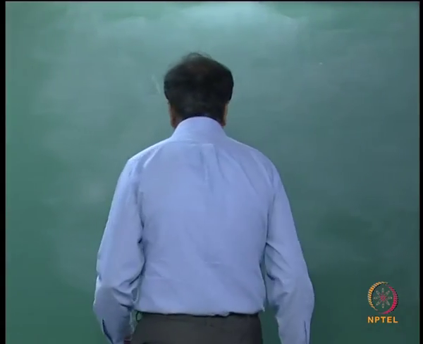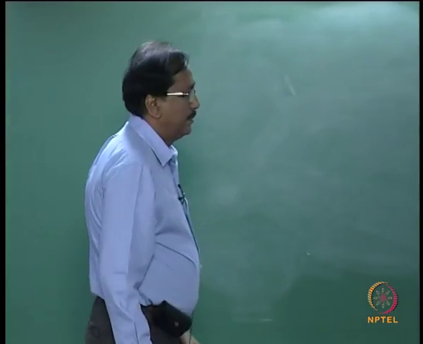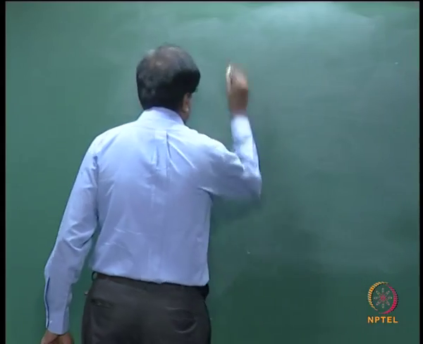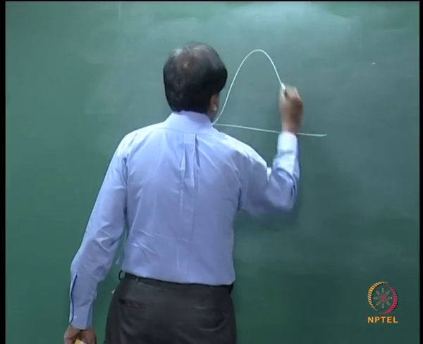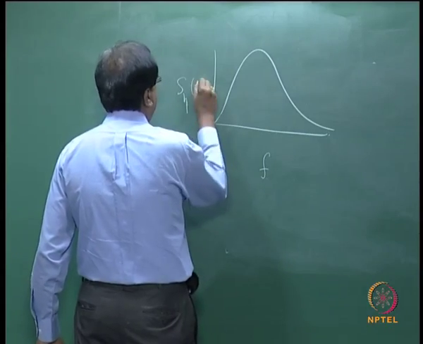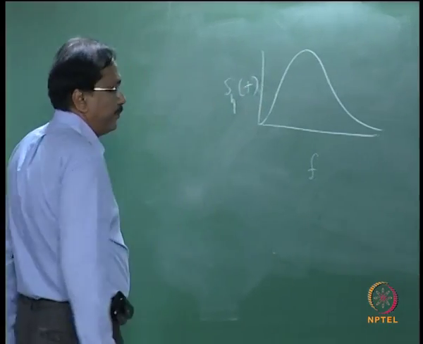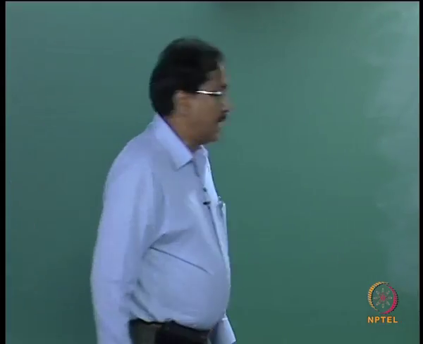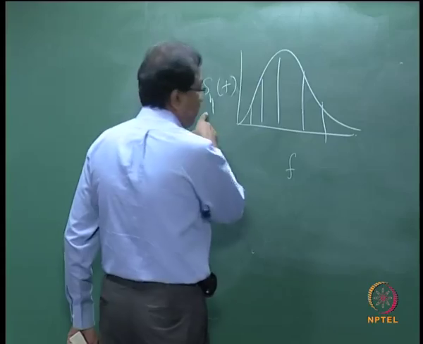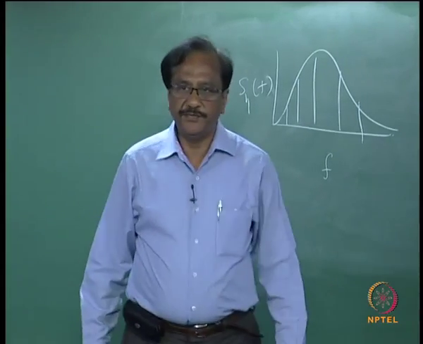So once you have drawn the spectral density curve, f and S theta of f, you have this, okay. Then I know at each of the frequencies what is the value of S theta of f.